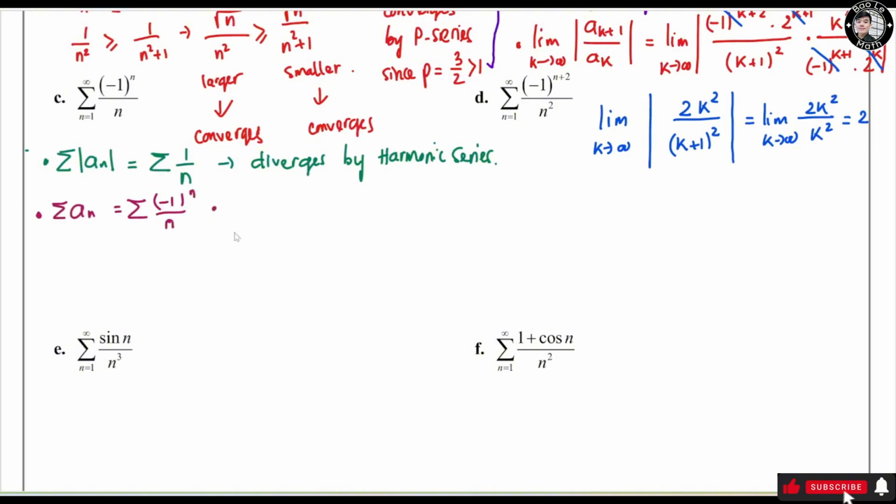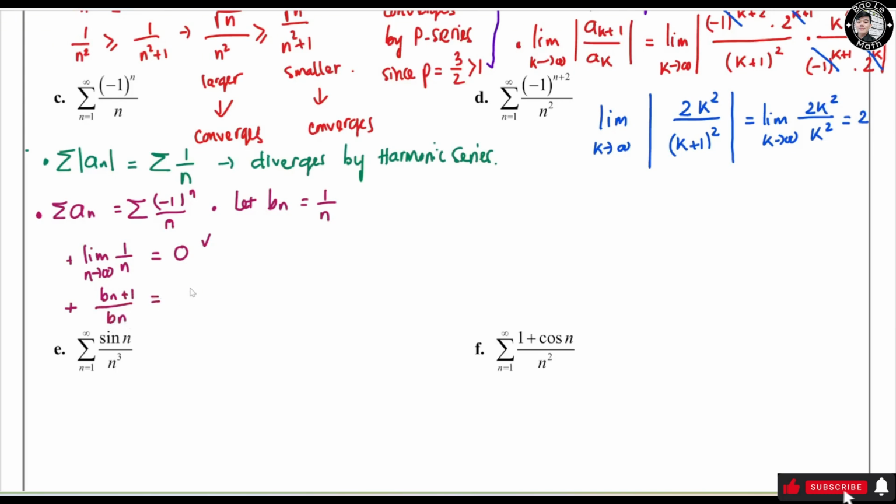Now I'm going to use the alternating series test. So I'm going to let b sub n equal 1 over n. Now I'm going to check the limit of 1 over n when n approaches infinity. This one equals 0. So the first condition is met. Second one, I'm going to check b sub n plus 1 over b sub n.